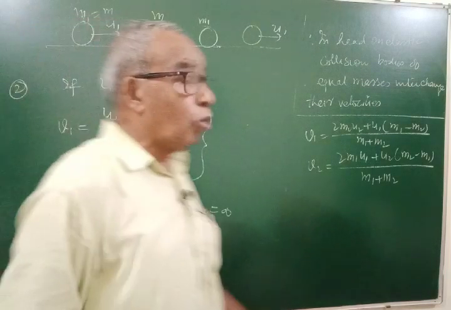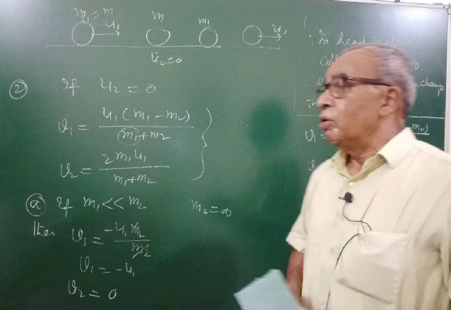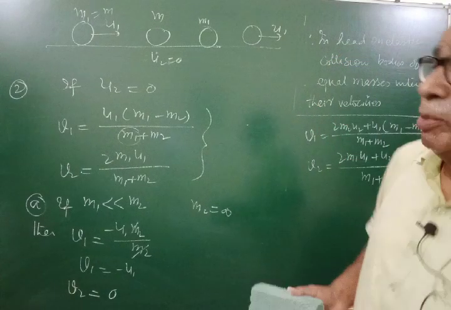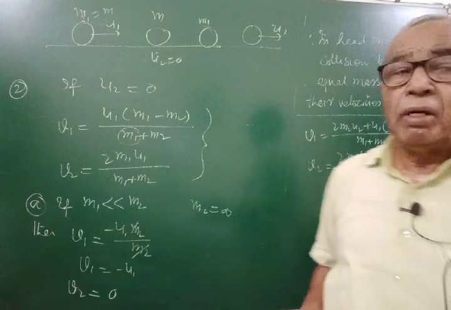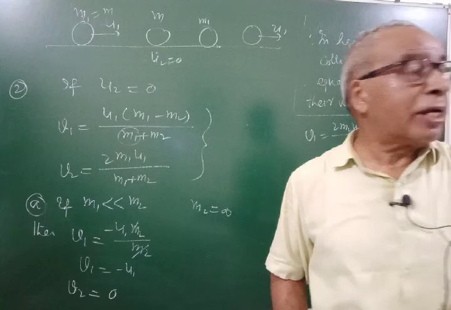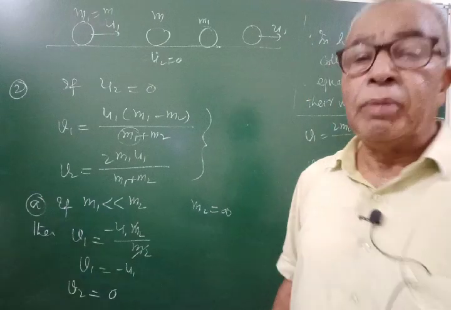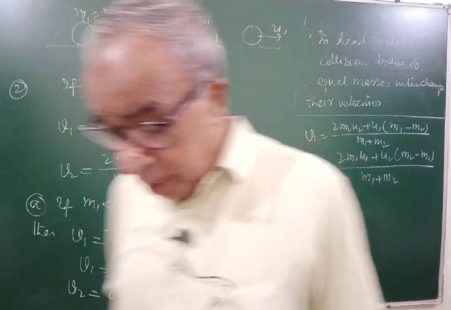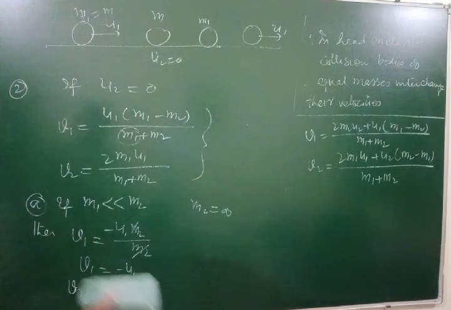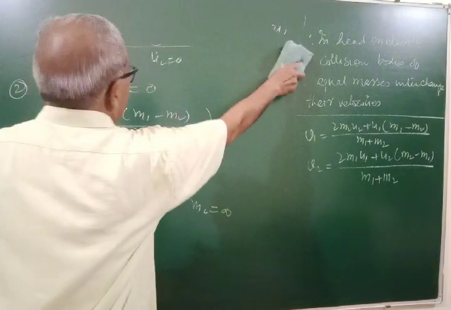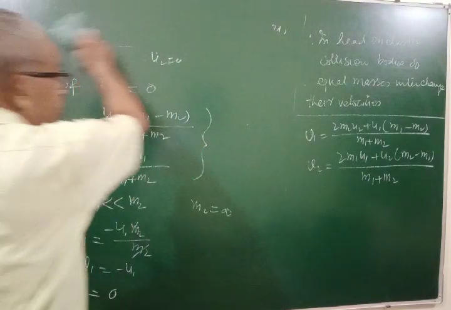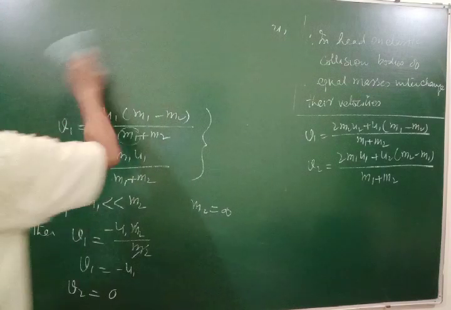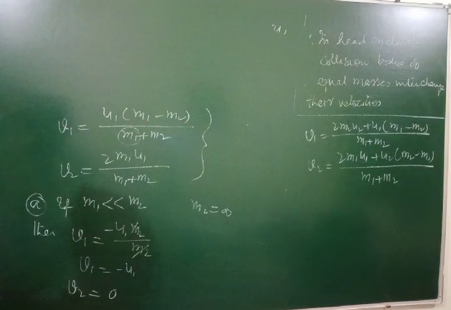It means the wall does not move at all. So when a very light body strikes a large mass at rest, the colliding body returns back with the same speed, and the other body remains at rest.